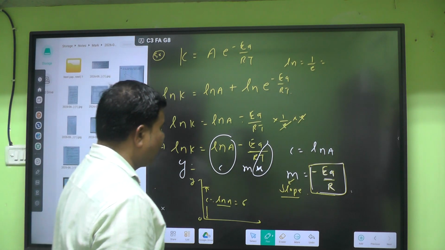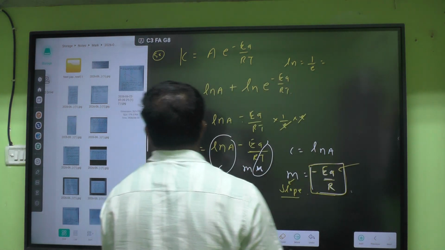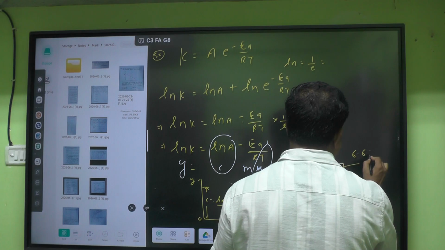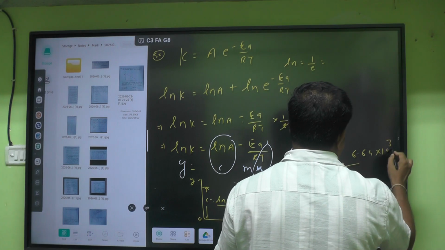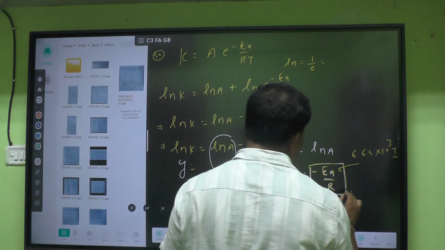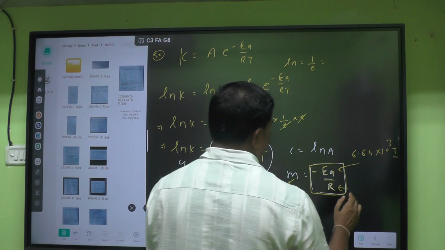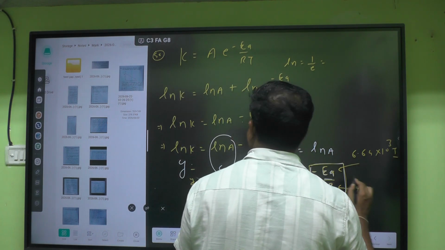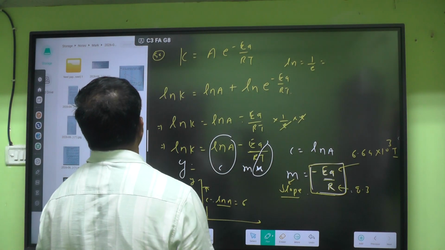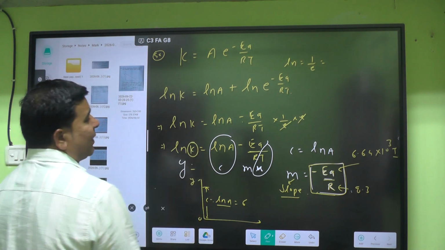So we have to find this value. Activation energy is 6.64 kilojoule, converted to joule, that's why we multiply by 10 to the power 3 here. R value is 8.31, so 8.3. Now we have to find the rate constant K value here.